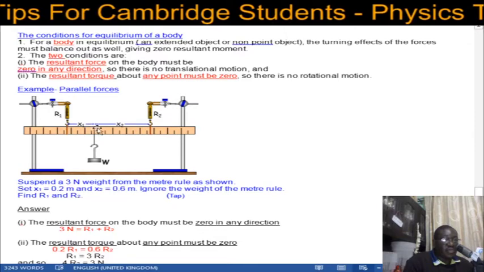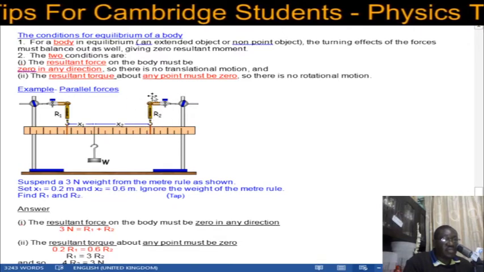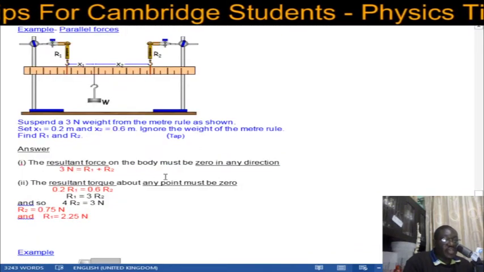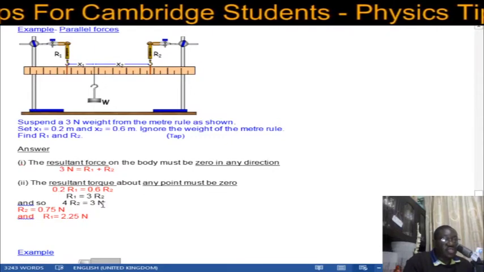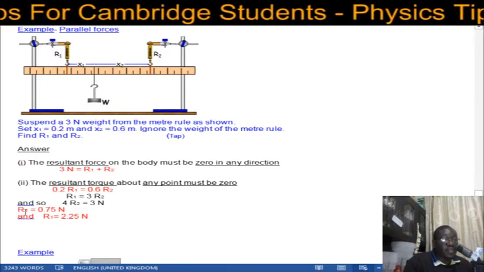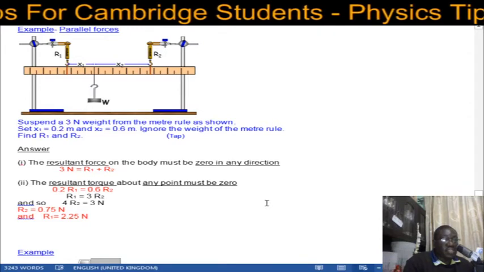And then x1 plus x2 times R2 is our anti-clockwise moment about this pivot here. Then when you do that, you're going to find that 4R2 is equal to 3 newtons. And then you find R2. You get it as 0.75 newtons. And then R1 will be 2.25 newtons. Just do it and then comment.